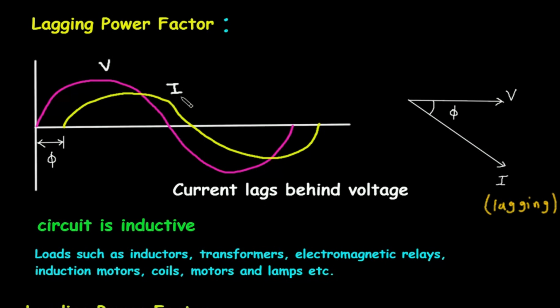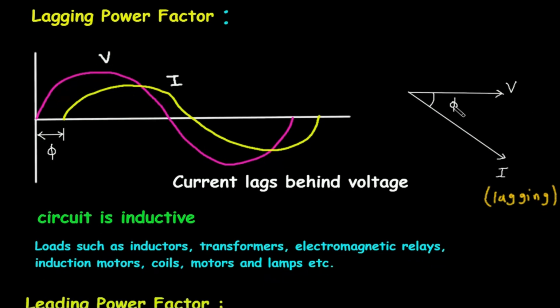Current is lagging behind voltage. We have to take the voltage as the reference here. So this circuit will be inductive. Loads such as inductors, transformers, electromagnetic relays, induction motors, coils, motors and lamps are inductive circuits, and in this case the power factor will be lagging.